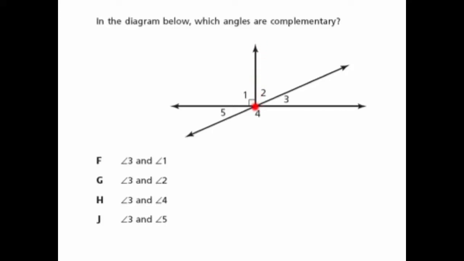So, if I look at angle 2 and angle 3, they're both along this other side of this right angle. Now, even though I don't know the values of them, I can still see that they're complements, because if I were to add them together, if I knew their values, they would add up to 90 degrees. So the best choice here is G, angle 3 and angle 2.